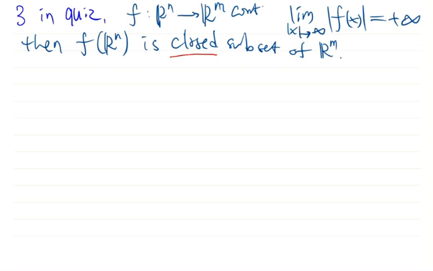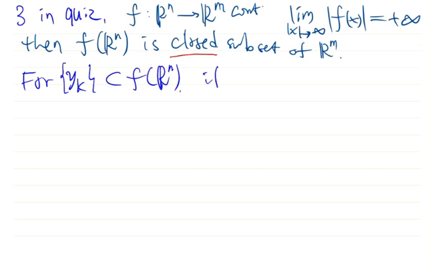A closed set means that for a sequence y_k in this set, if y_k converges to some point b, then b is also in this set. If this property is true, then by definition this set f(R^n) is closed.